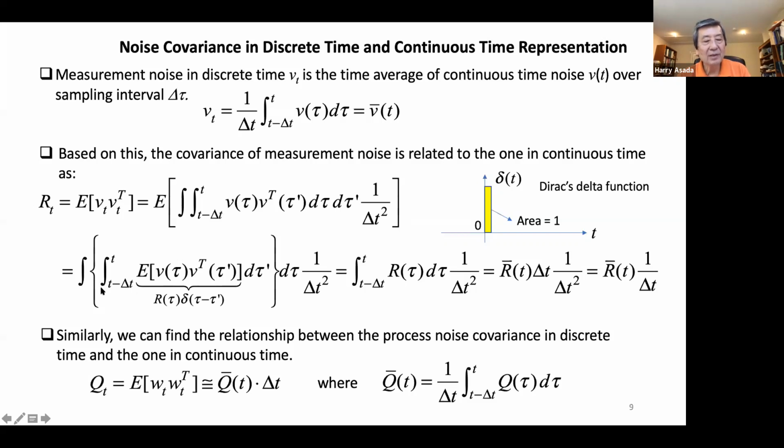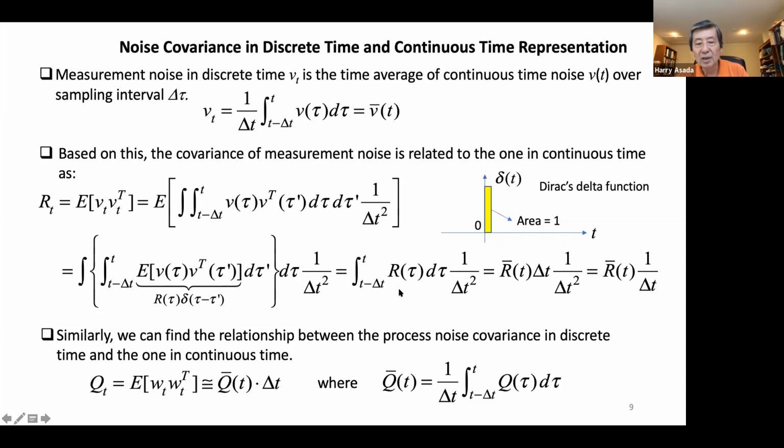So, computing the inside of this first integral loop over here, this can be reduced, because even though we change this, only the instance of tau equal tau prime takes the non-zero value. So that becomes R(tau) when tau equals tau prime. The rest of the part is outside the integral and remains here.